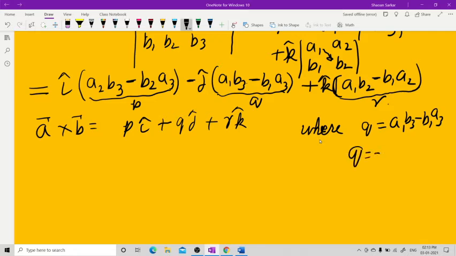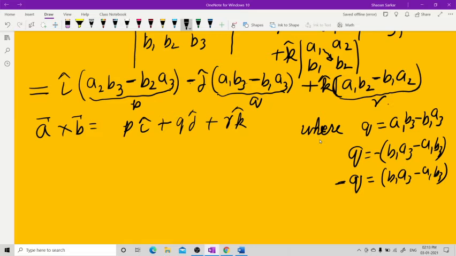So Q equals minus B1A3 minus A1B3. Now there is a minus sign, and this becomes minus Q equal to B1A3 minus A1B3. And this quantity, I've called it Q, this whole quantity with a minus sign.